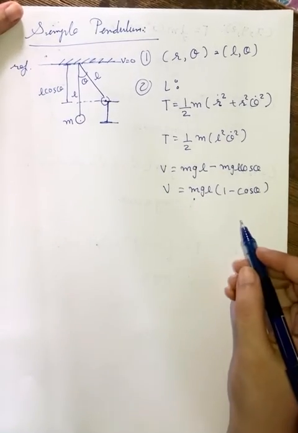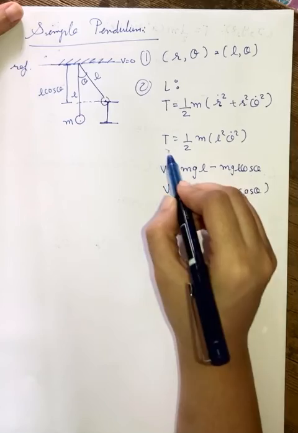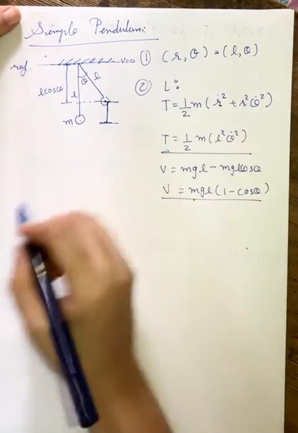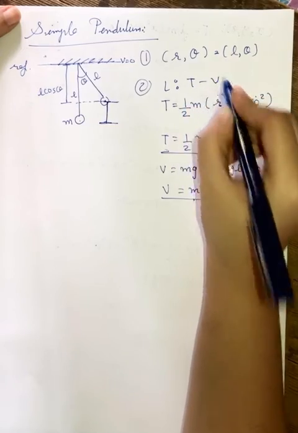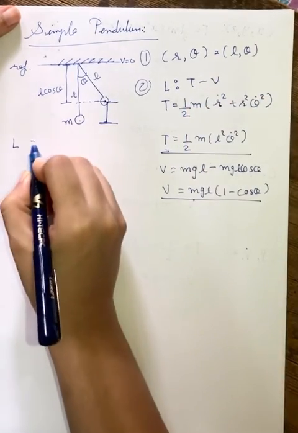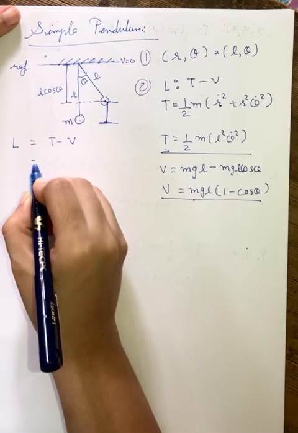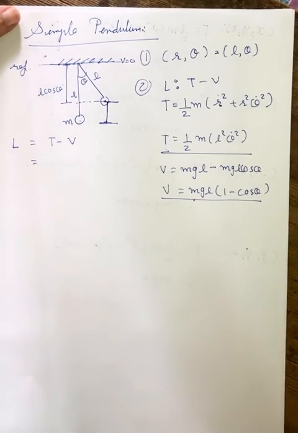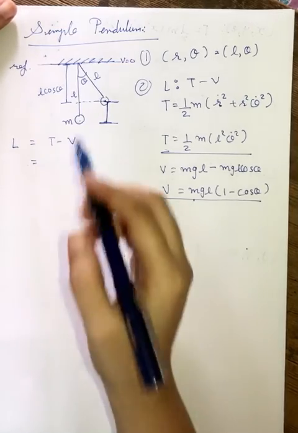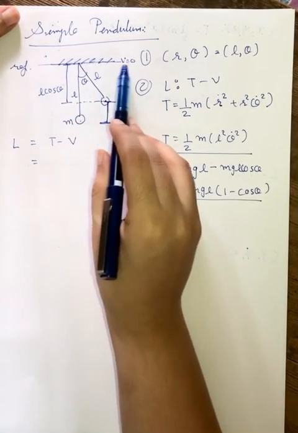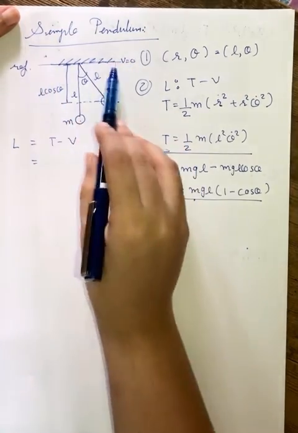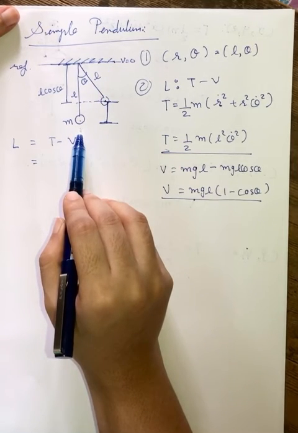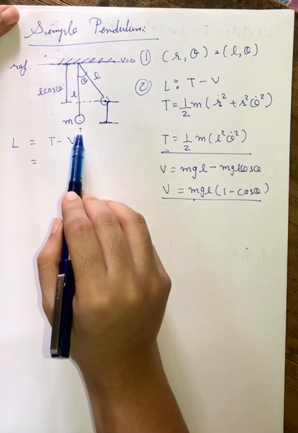Now we have built the kinetic energy and potential energy, so we can find the Lagrangian, which is T minus V. One more thing we have missed out here: since we have taken V equals 0, anything below that will have a negative sign.